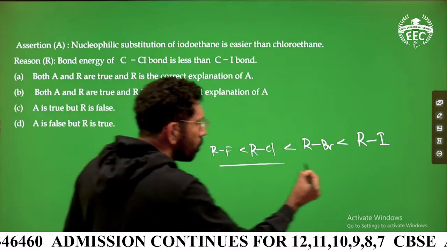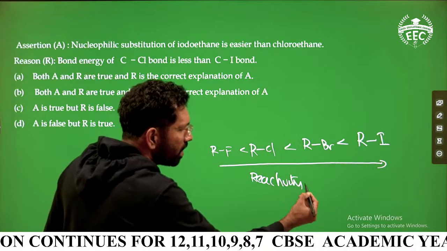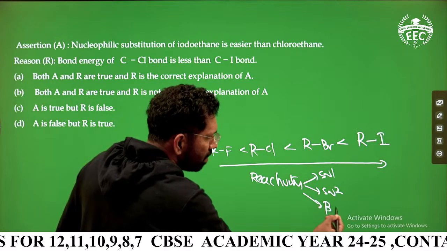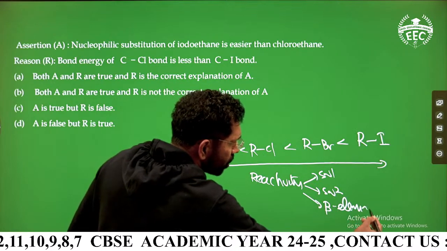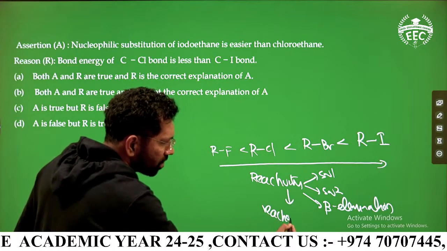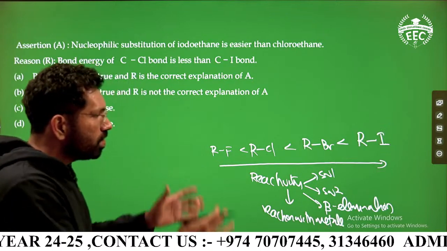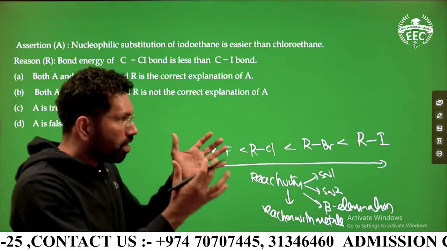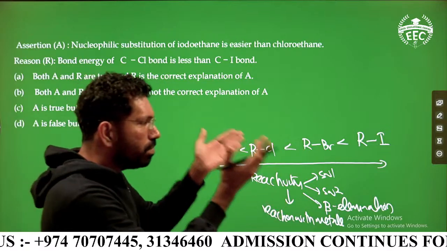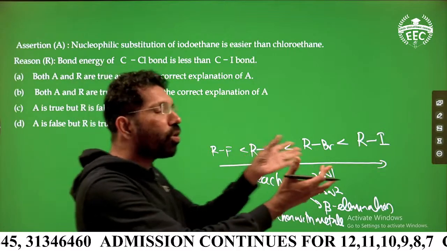This is the order of reactivity of halogen compounds in SN1, in SN2, in beta elimination, and in reaction with metals. Remember these all, students. This is a key point for you. Just note it down.